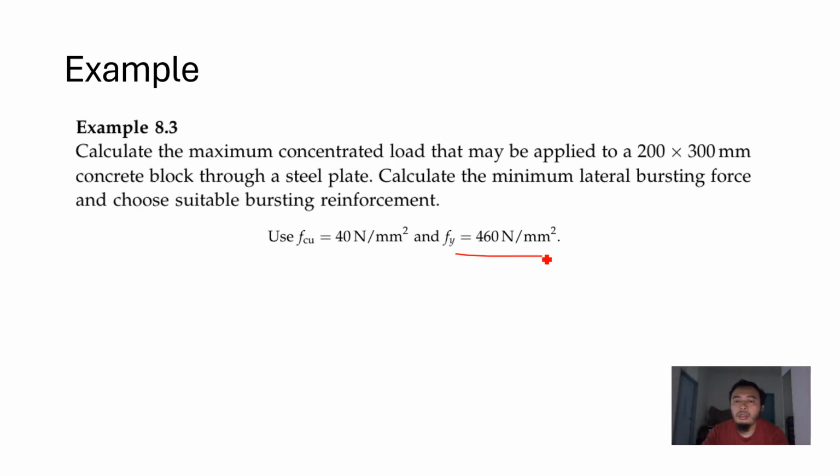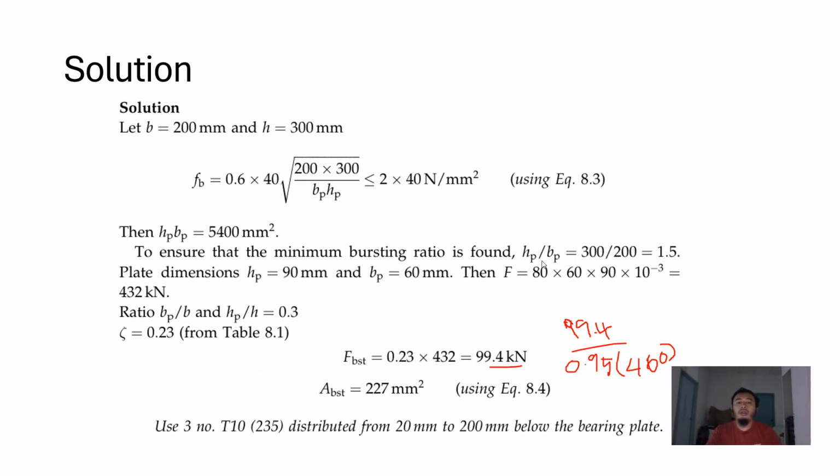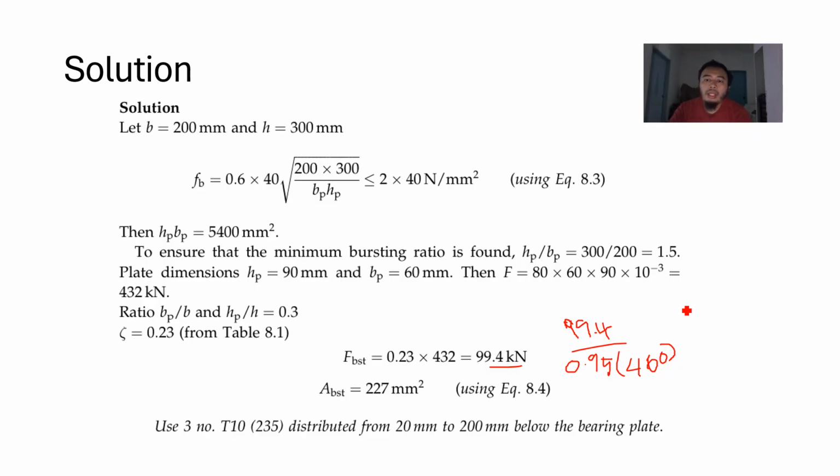So you get your area of steel that is required. Based on that, you can propose to use three numbers of T10. You can see here, based on the T10, your area of steel will be higher than the required area of bursting. So you provide links.